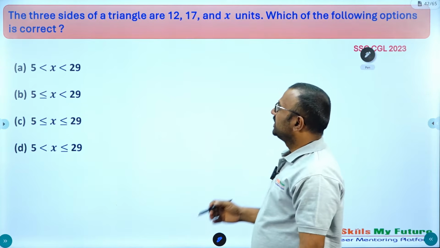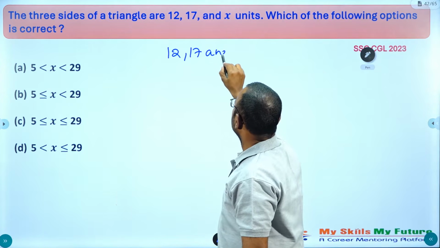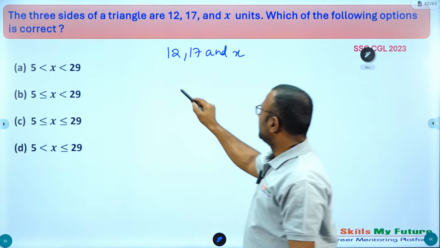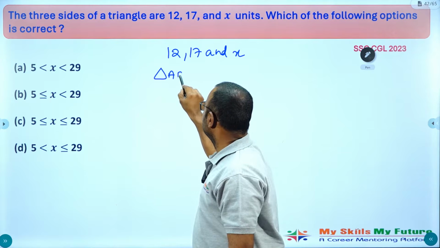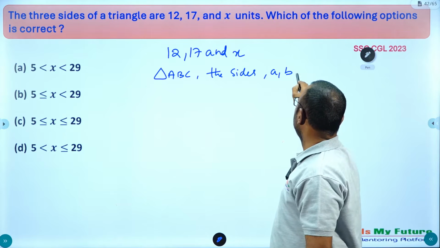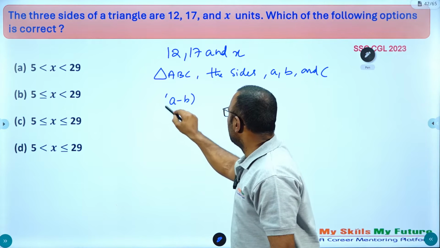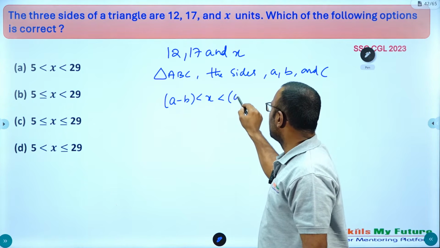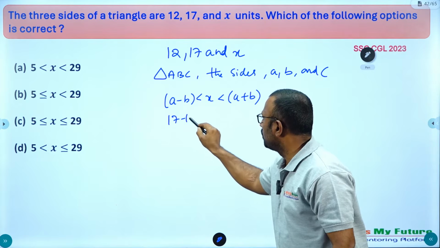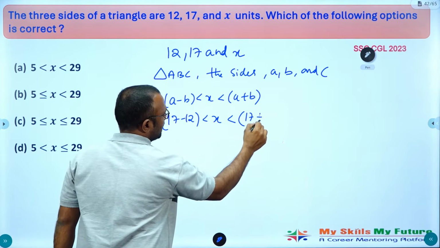The question here: the three sides of a triangle are 12, 17 and x units. Which of the following options is true? We know that in triangle ABC, with sides A, B and C, A minus B is less than x less than A plus B. Here, 17 minus 12 is less than x less than 17 plus 12.